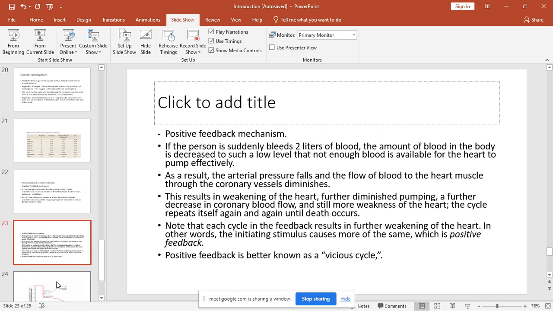So if we have a negative feedback mechanism, we have a positive feedback mechanism. An example of a positive feedback mechanism I would give you: imagine if you've been in the emergency ward or triage, you may have seen a lot of patients coming from road traffic accidents. If somebody loses, let us say, 500 mils of blood, it's not a big issue.